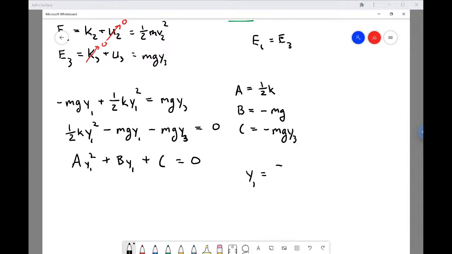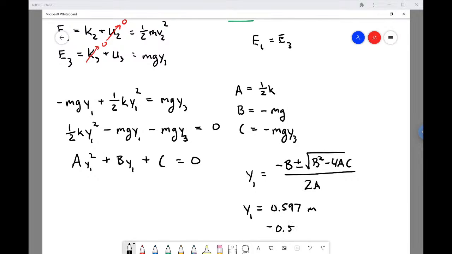y1 is going to equal negative b plus or minus the square root of b squared minus 4ac, divided by 2 times a. There'll be two answers here, and I solve for them. y1 equals 0.597 meters, or negative 0.533 meters.